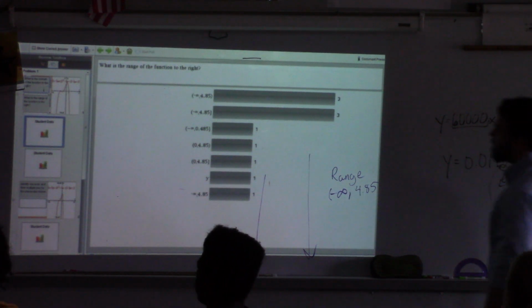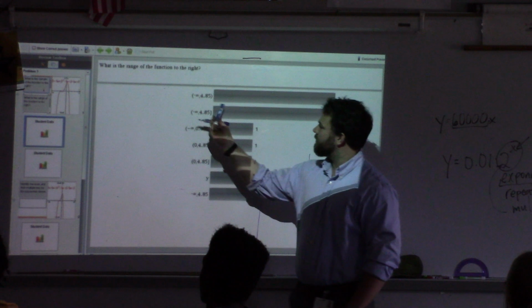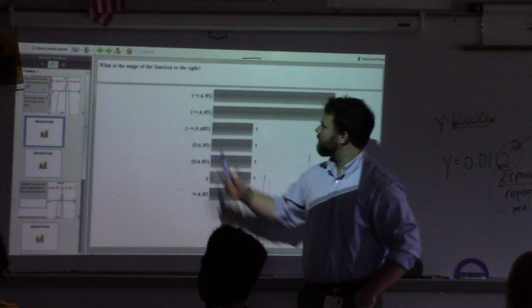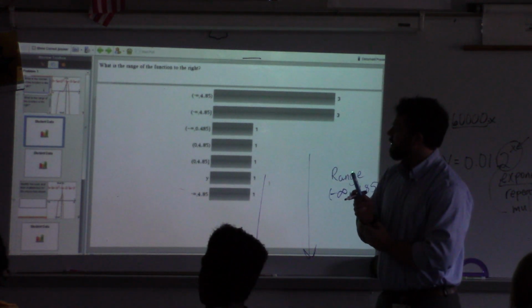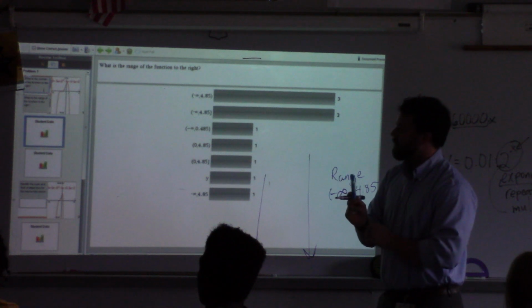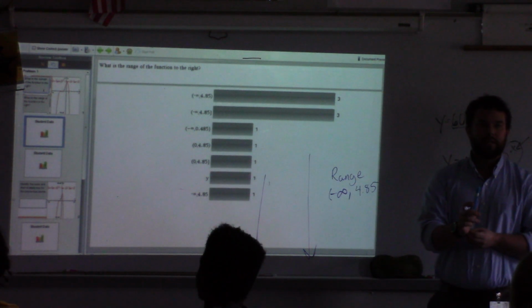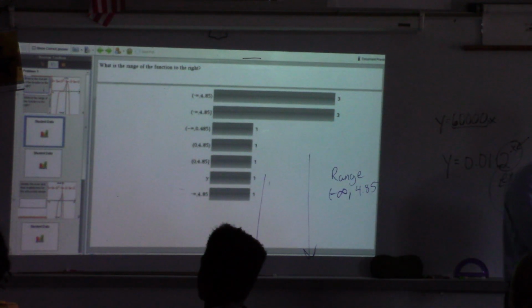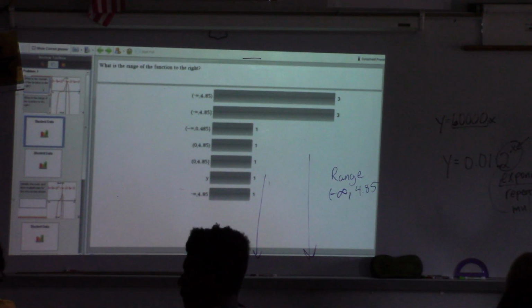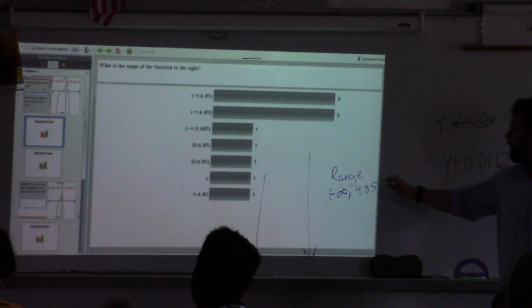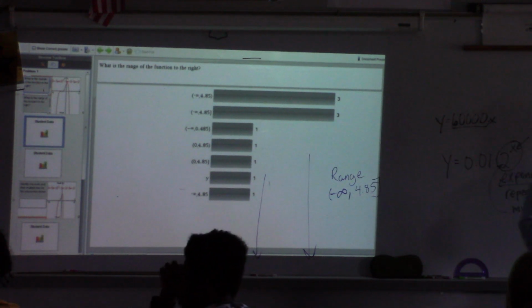It might be hard to tell, but does anyone want to guess what the difference between these two answers is? Bracket and parentheses, okay. So which one is it supposed to be with that 4.85? It's supposed to be a bracket, because you can equal that 4.85, or the function equals that 4.85. So the maximum was 4.85, and it's equaled.